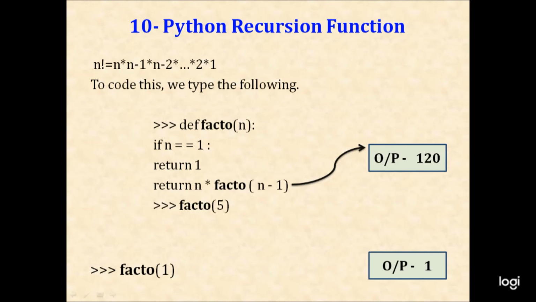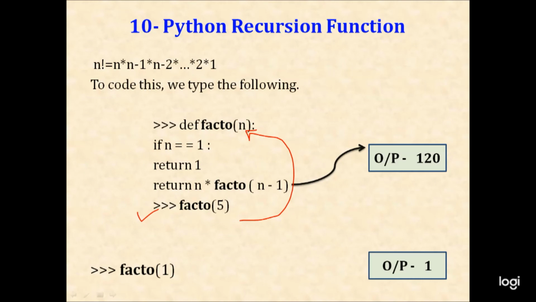Otherwise, evaluate the expression, that is n into factor in parenthesis n minus 1. Calling of the function, this is the calling part. Factor 5 means n equal to 5.